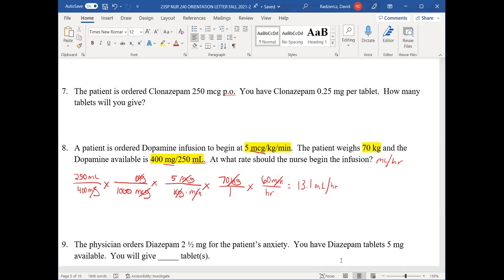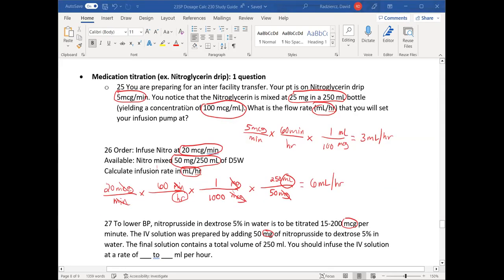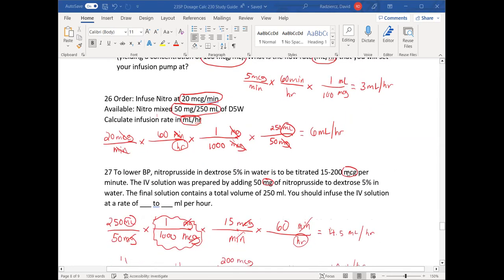And then I'll encourage you to also go to the 220 or the 230 study guide in the Boyce folder. She put together some questions that are very similar, where you have the micrograms per minute going to milliliters per hour, and even here, micrograms per minute going to milliliters per hour.